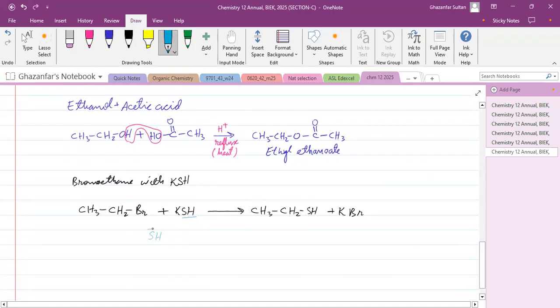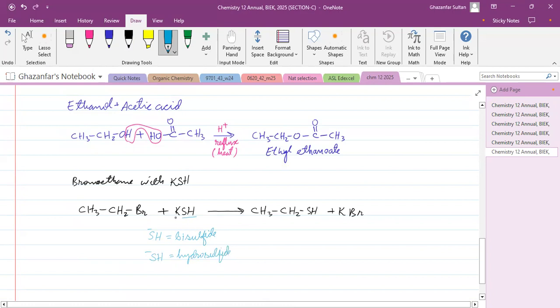The SH group is actually bisulfide, and its another name is hydrosulfide, but this name is in inorganic compounds.